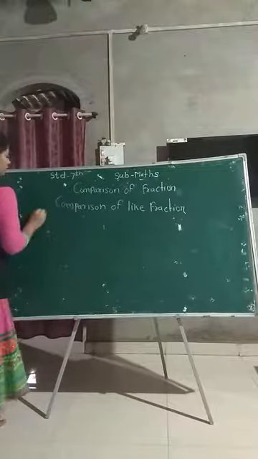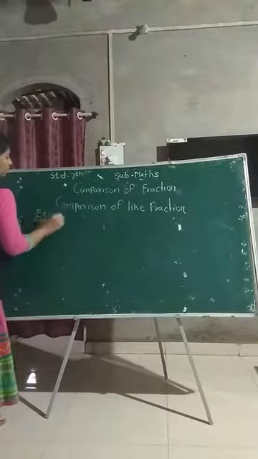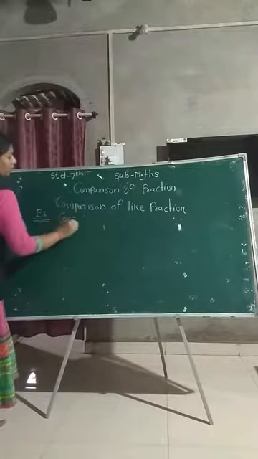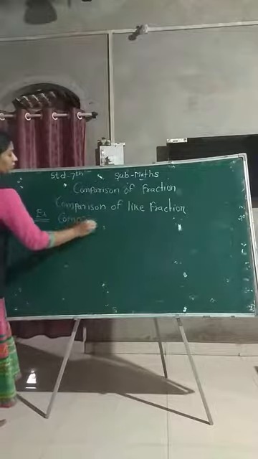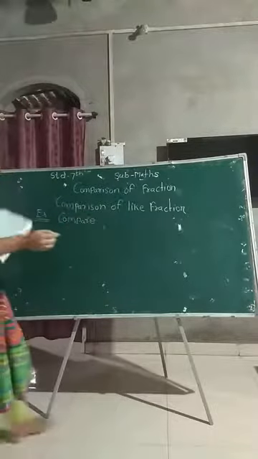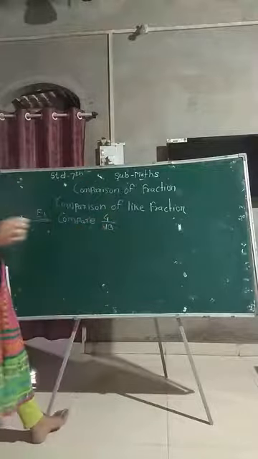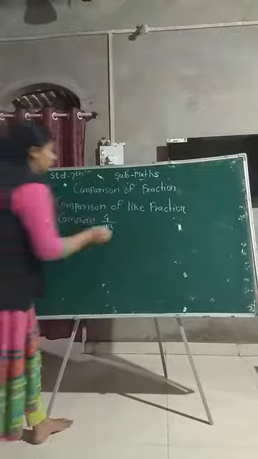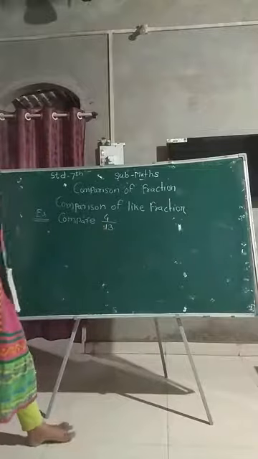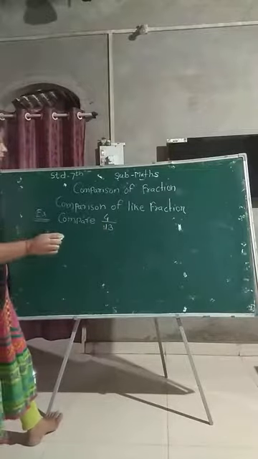Example: compare 4 upon 13 and 7 upon 13. Comparison between two numbers is to decide which number is greater and which is smaller.